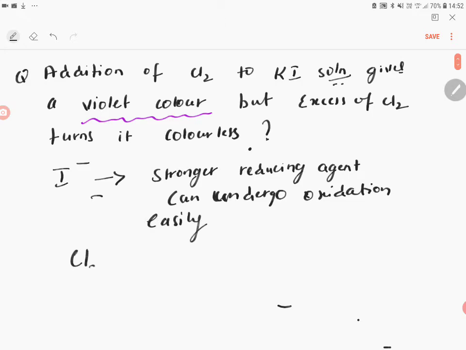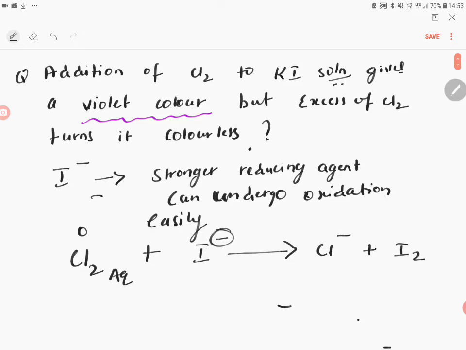Therefore, when you introduce an aqueous solution of chlorine, iodide ion, being a strong reducing agent, can reduce chlorine to chloride ion, and I minus, which is having a -1 charge, itself gets oxidized to iodine.